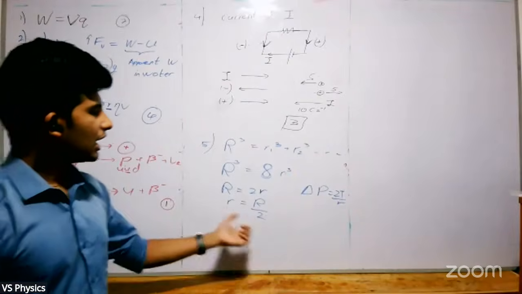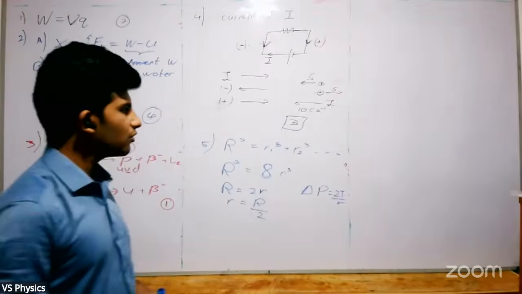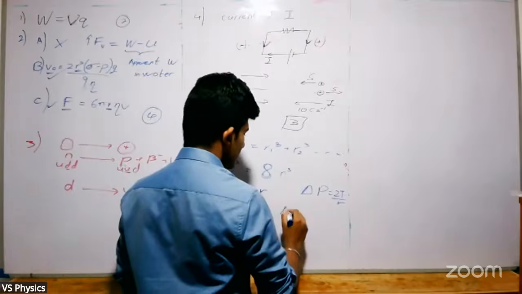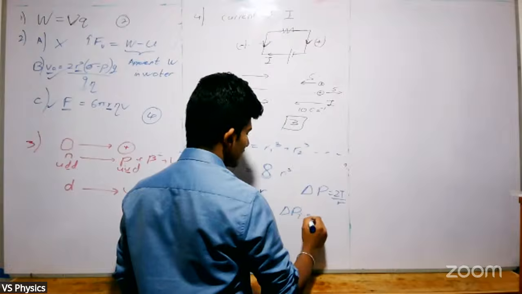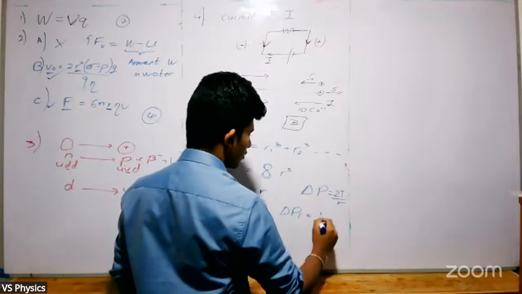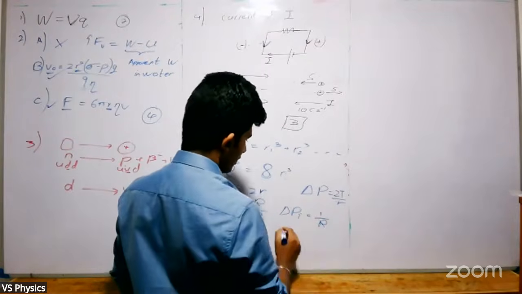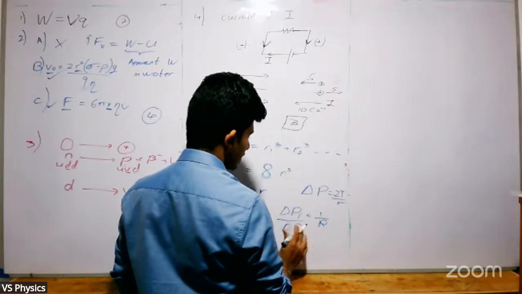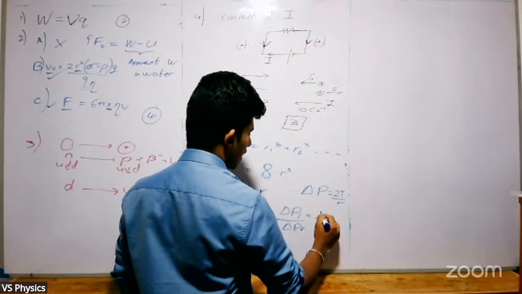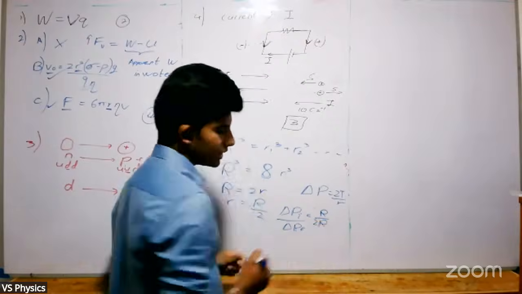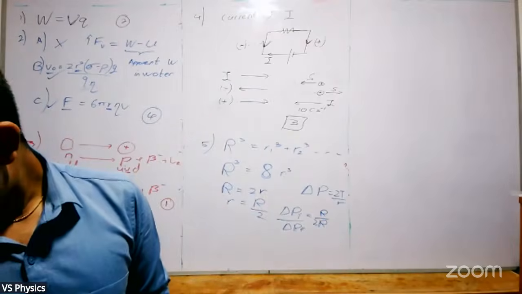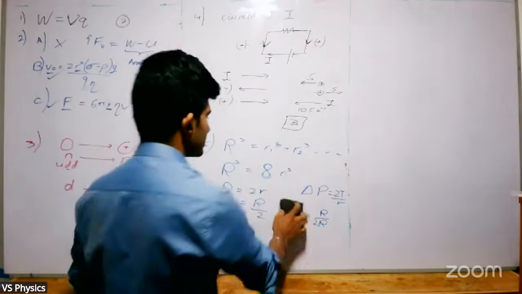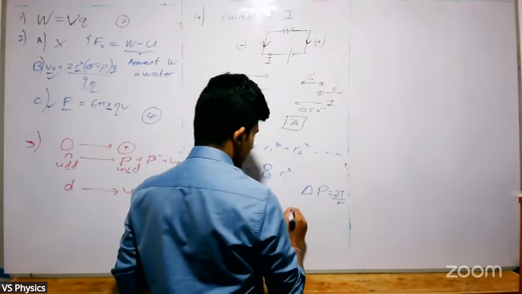2T over R. For our initial pressure we will get something like 1 over R. Final pressure will be 1 over R divided by 2. They are asking for final over initial. Let's rewrite this.